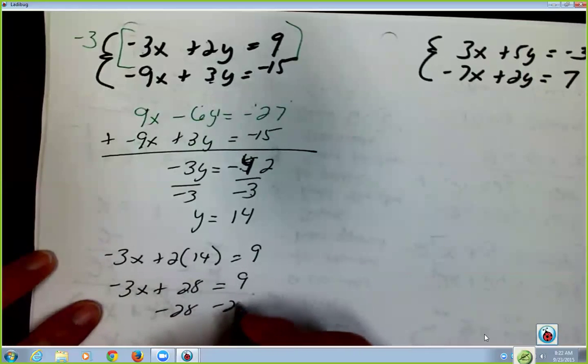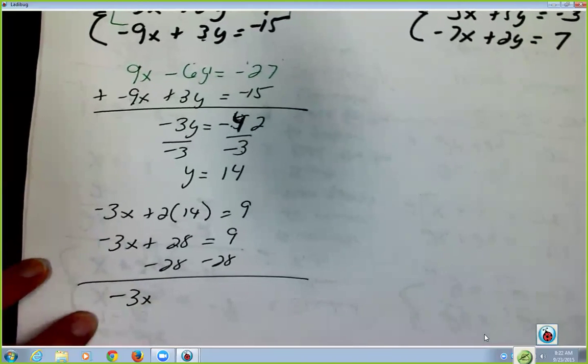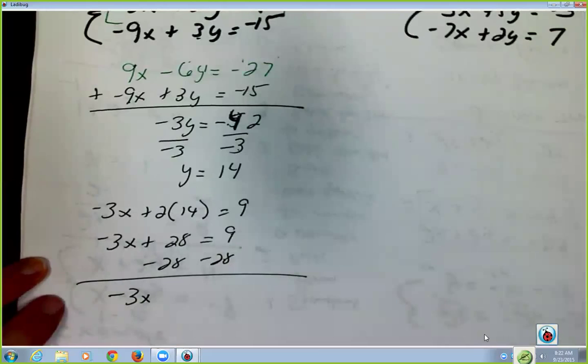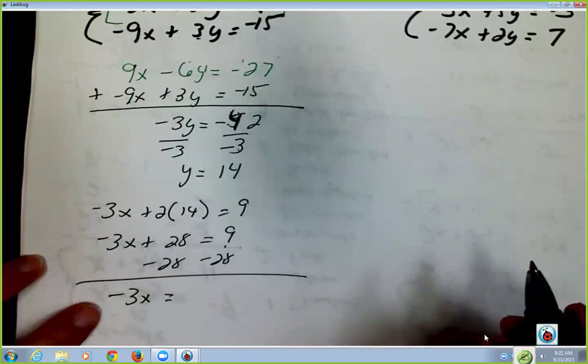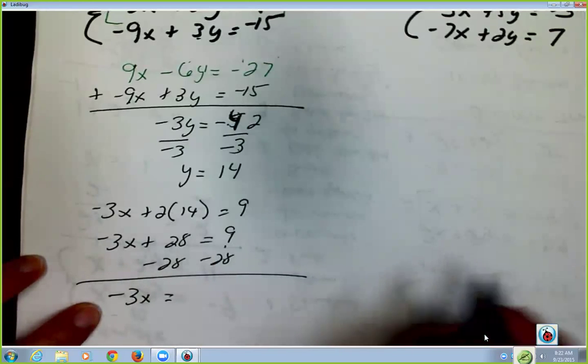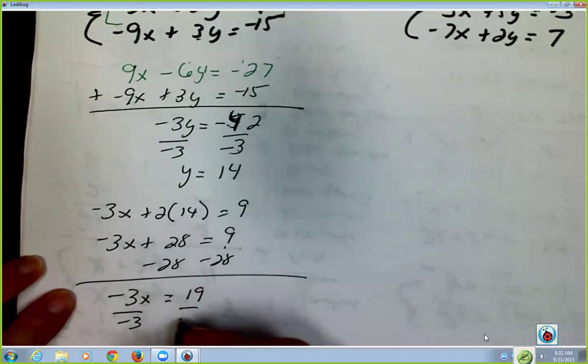Minus 28 gives me a negative 3x. And 9 from 28 is what? What was it? 19. Divide by negative 3.